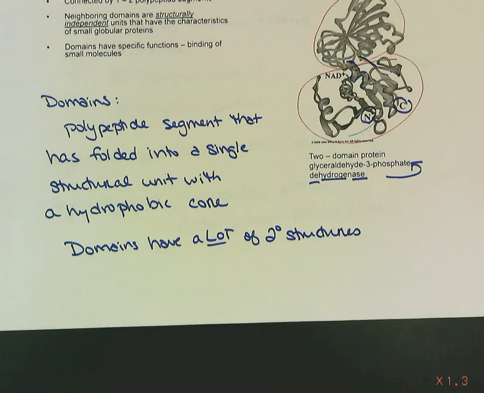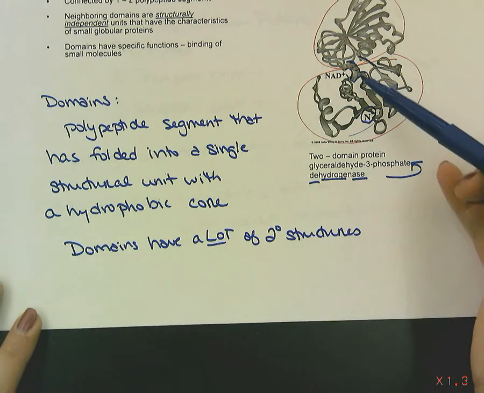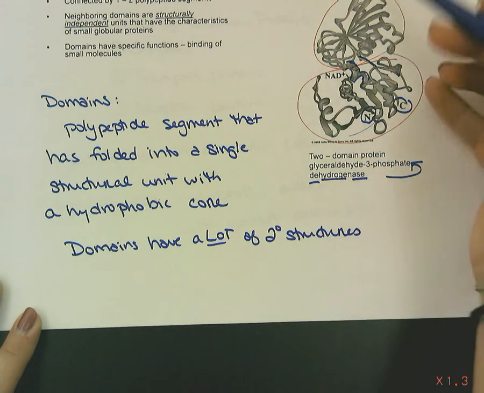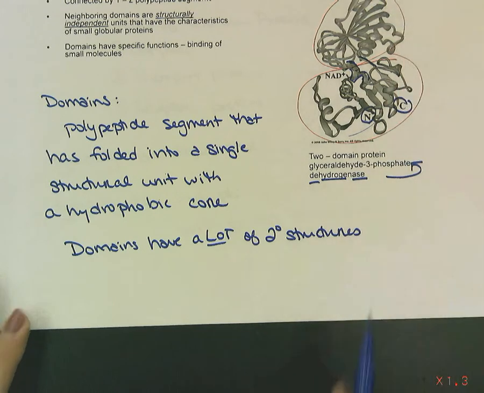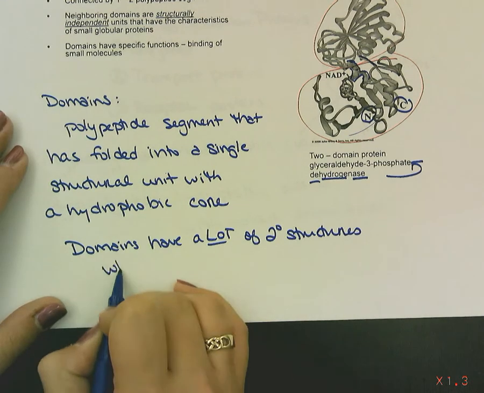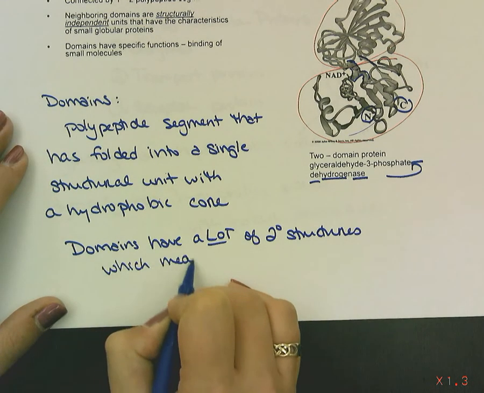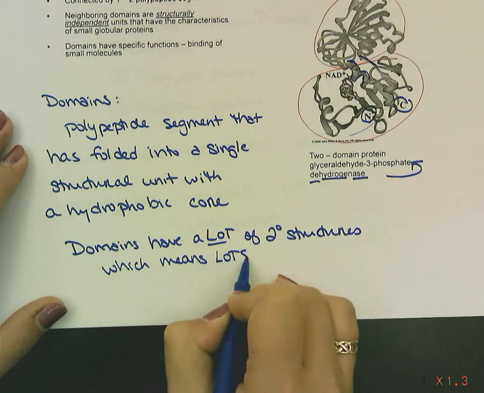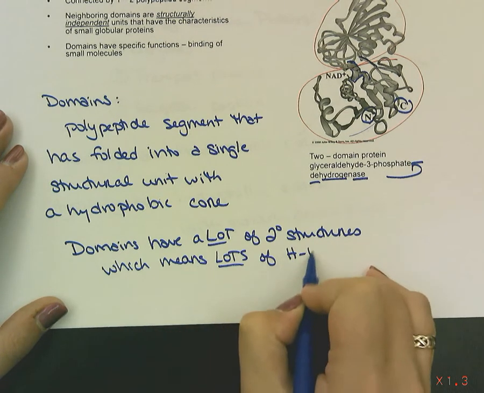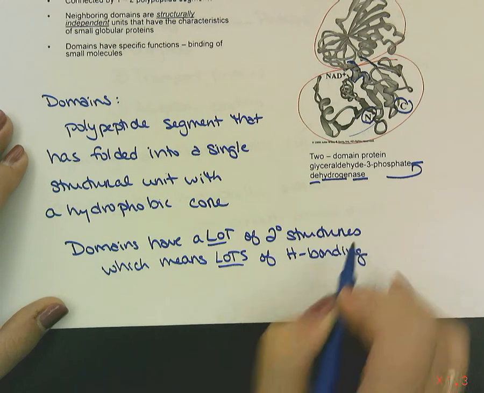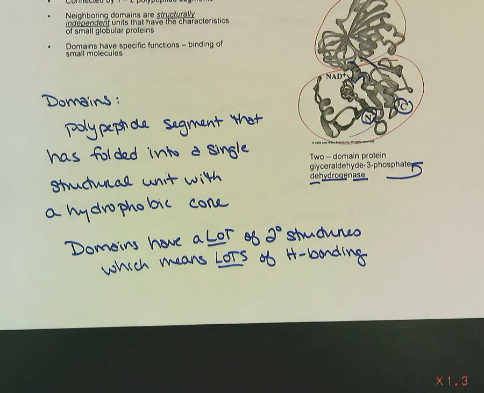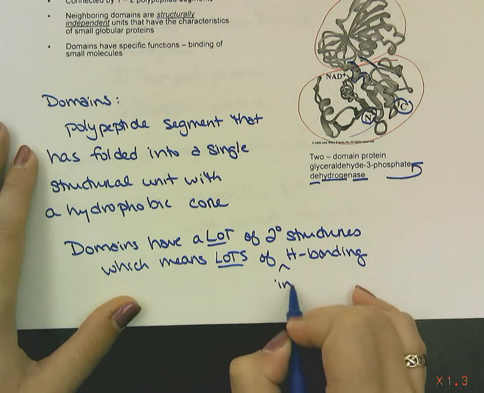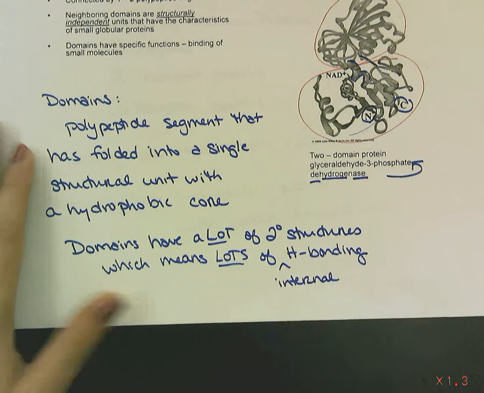Domains have a lot of secondary structure, where I already pointed some out. They have a lot of alpha helices, beta-pleated sheets, over-the-top turns, and hairpin turns. So they're going to be rich in secondary structure, which means a lot of hydrogen bonding, specifically internal hydrogen bonding.